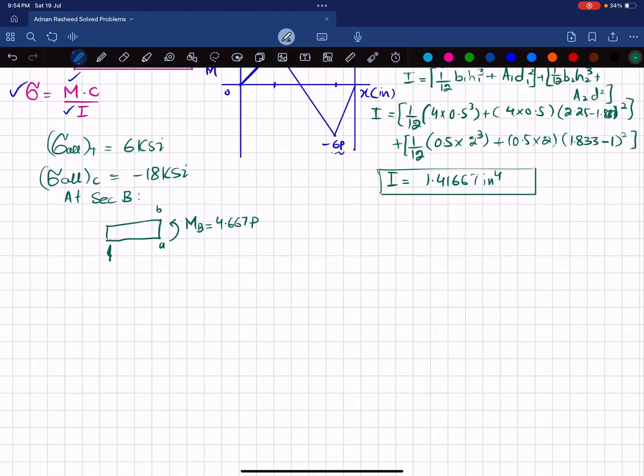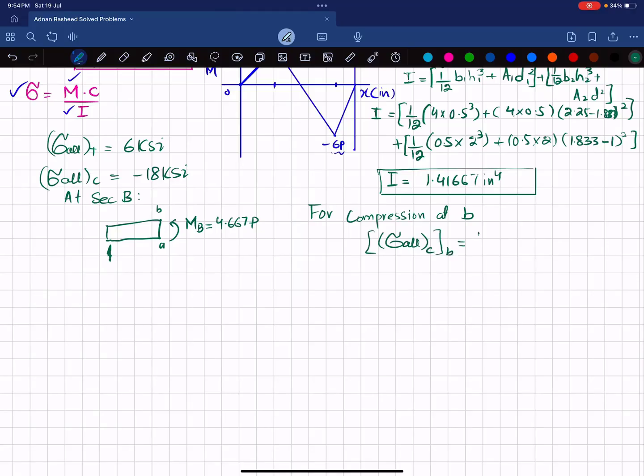So what we will do is that for compression at small point B, we have been given allowable compression for point B.